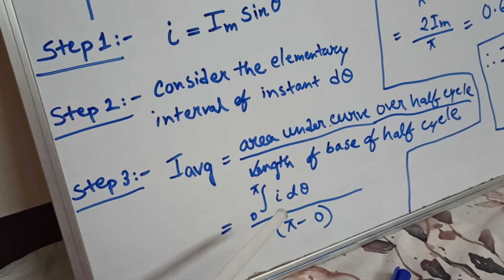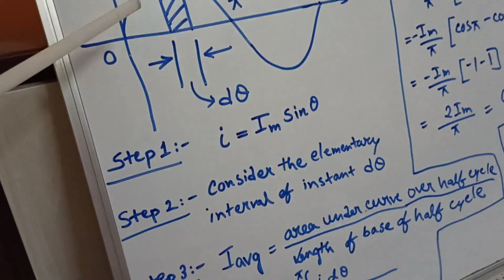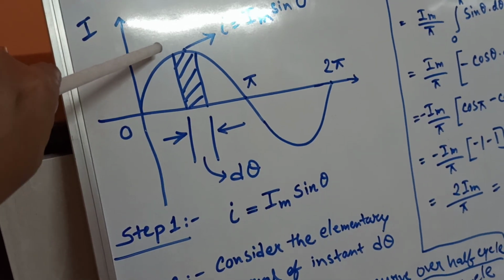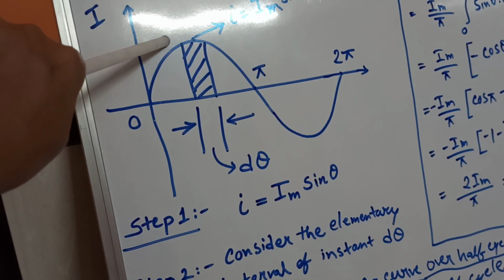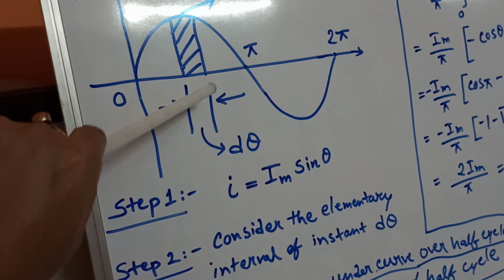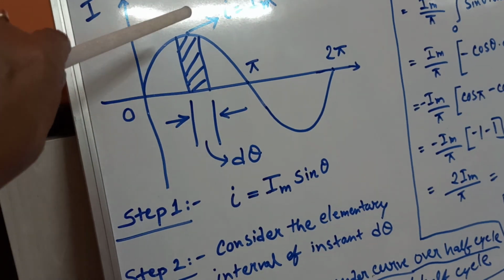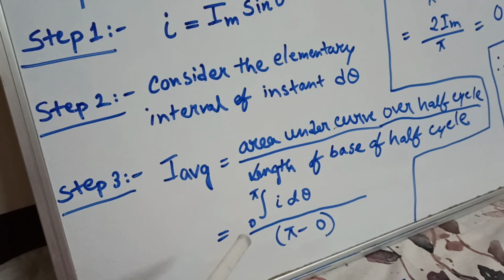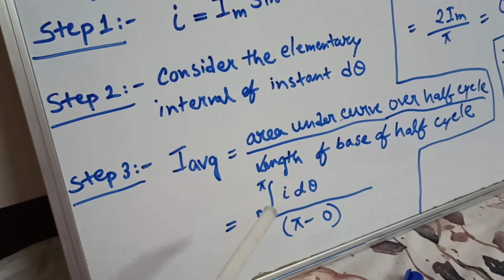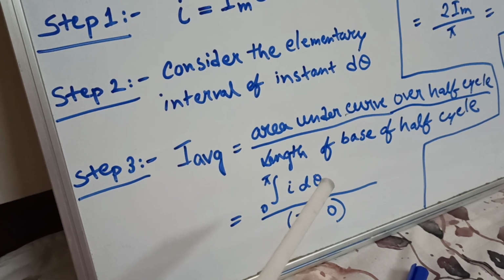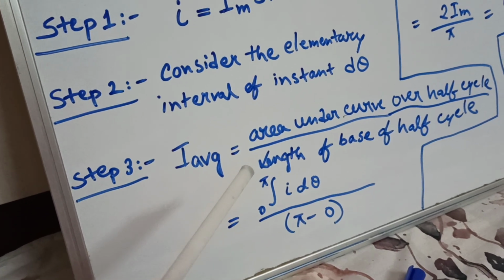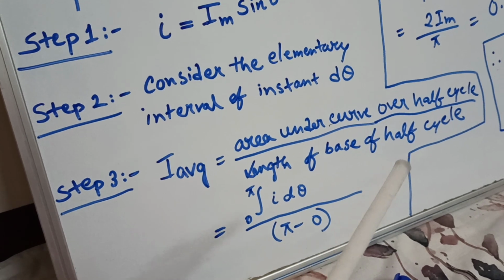Here i is nothing but the instantaneous current, and I am considering the area of this elementary strip. That's why I have considered the integration from 0 to pi of i d theta. In the denominator, we have the length of base of half cycle.